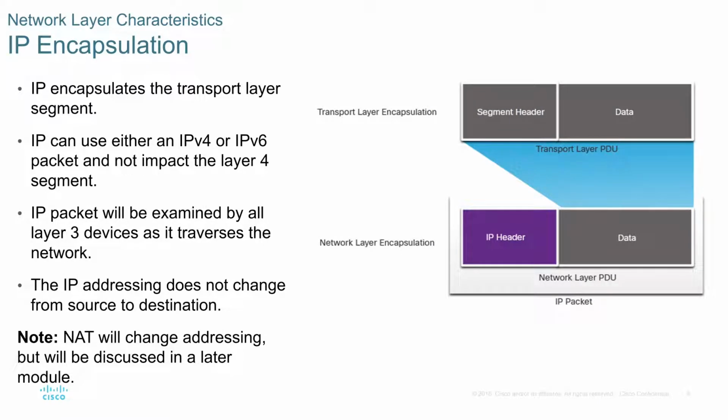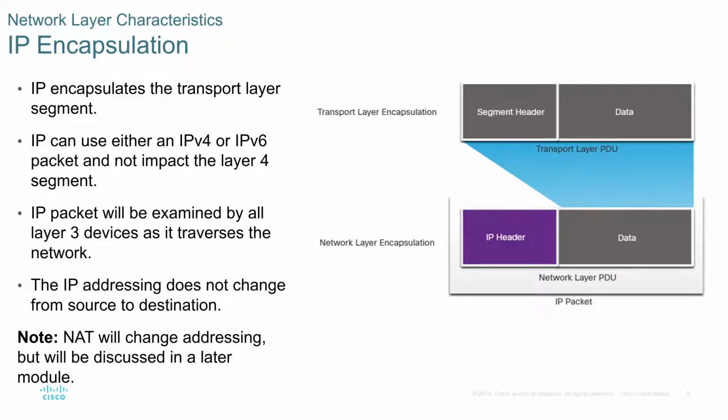IP encapsulates the transport layer segment. At the transport layer, the port numbers for the protocol that we are transporting are put on. That information comes down to the network layer.